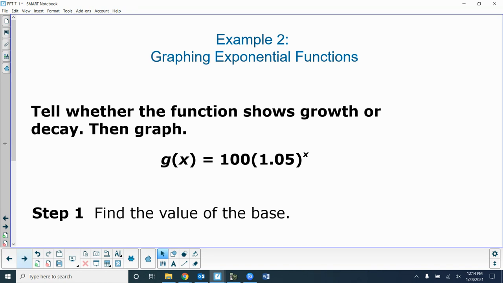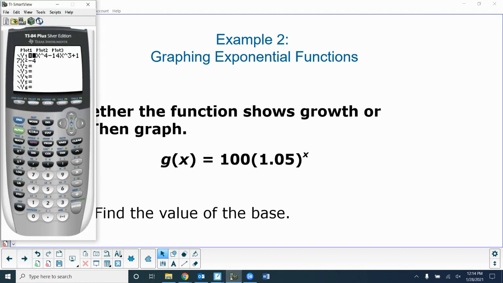Whatever's being raised to the power, we call the base. So that's a growth one because, like Hunter said, that's bigger than 1. Whenever that number is bigger than 1, it's growth. When it's between 0 and 1, it's decay. Easy to remember, right?